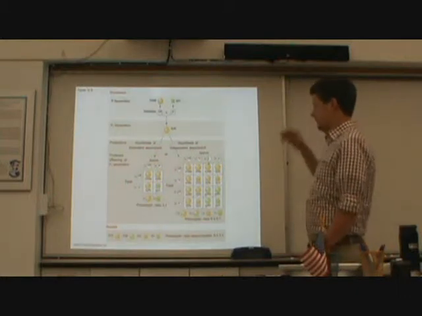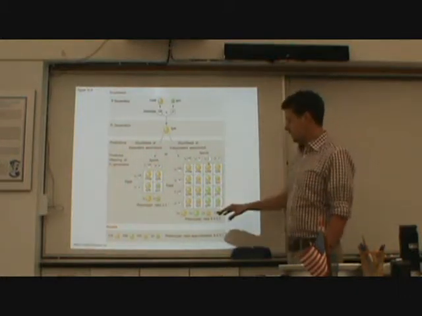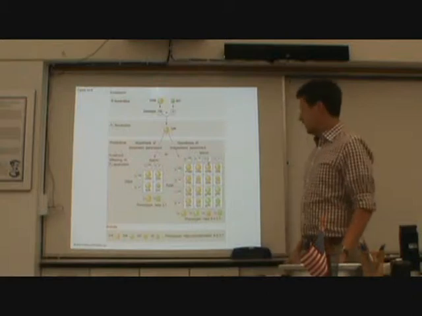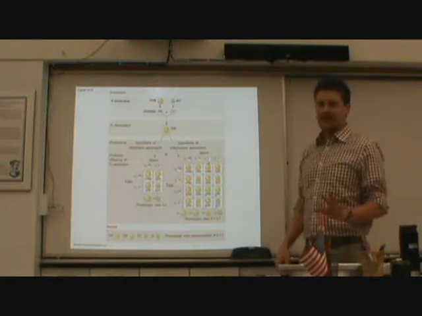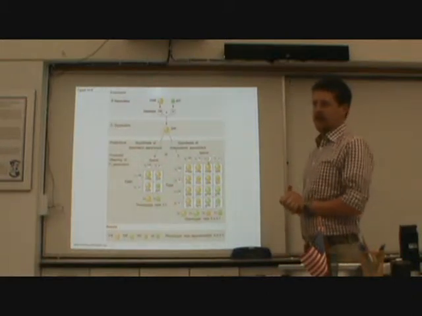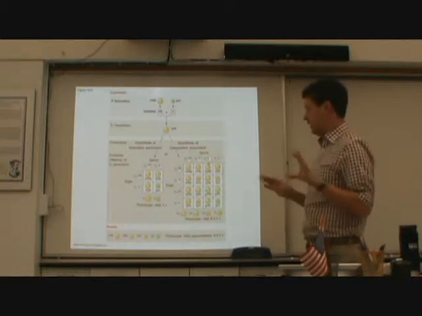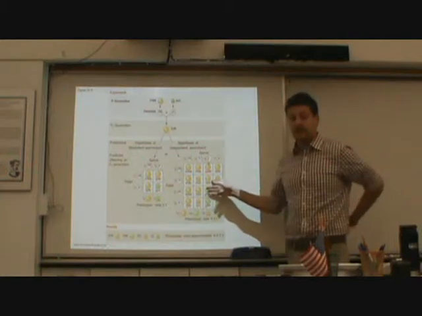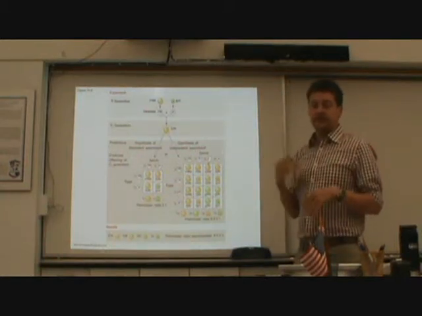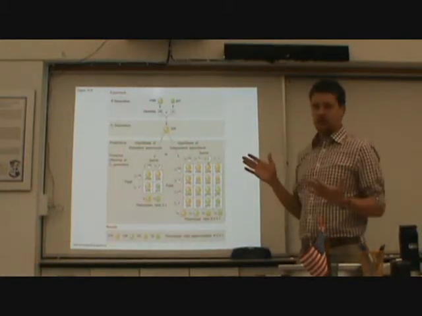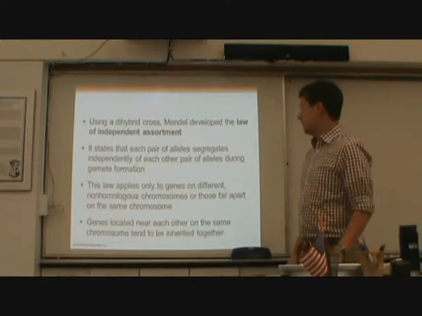So, again, 9 to 3 to 3 to 1 is the ratio. These ratios that we talk about aren't exact, but that's about the ratio that you would expect. And when you draw out one of these Punnett squares, you can see what ratio you would expect.